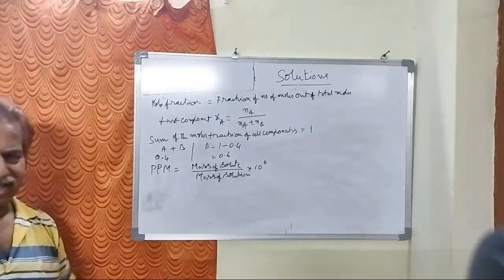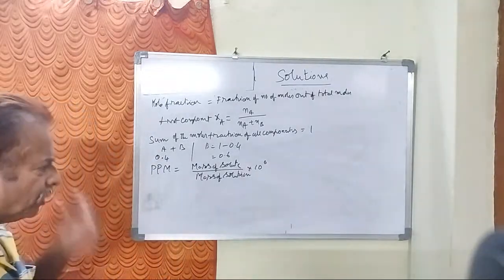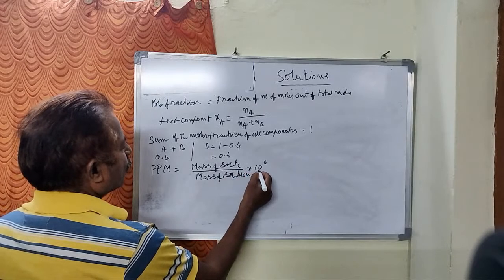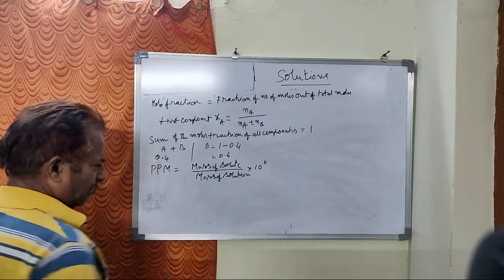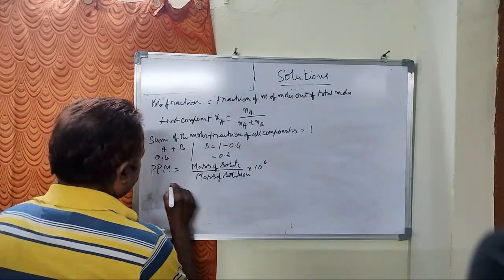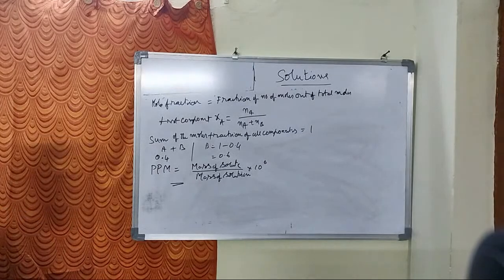Million is nothing but 10 lakhs. 10 lakhs means 10 to the power 6. So this is the mass of the solute present in 10 to the power 6 parts of the mass of the solution. Now, in this way, we can find the concentration of a solution.